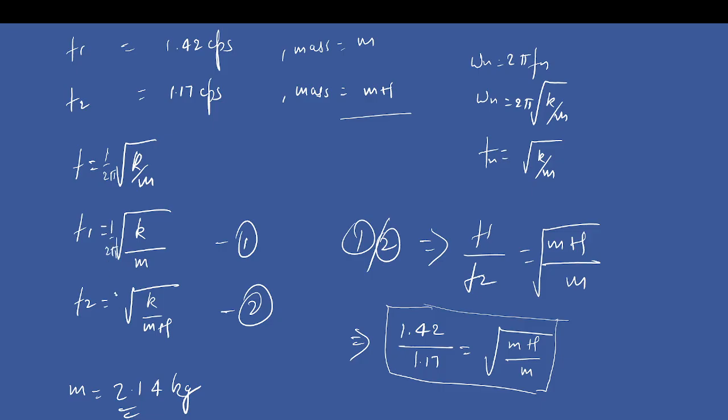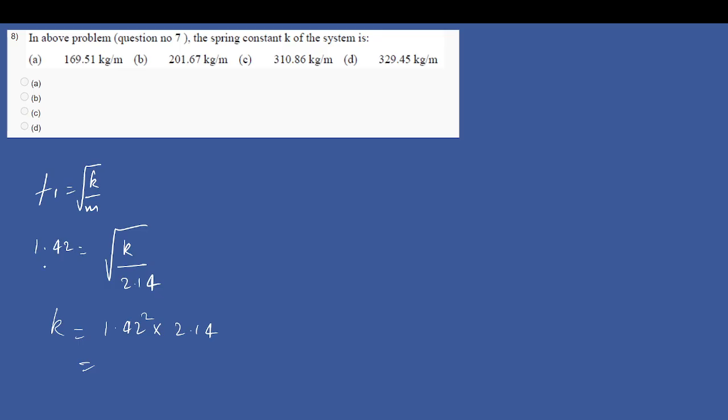Fortunately, here it was getting cancelled out, so 2 pi got cancelled. But here f1, if we calculate, it's basically 1 upon 2 pi. So now if I calculate this, k is equal to 1.42 into 2 pi whole square into 2.14.